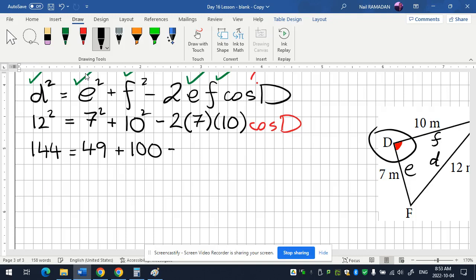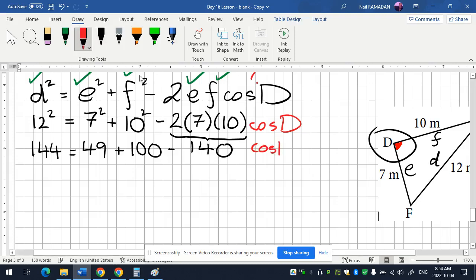Minus. Okay, let's go with these three. What's 2 times 7 times 10? You can do it in multiple ways. I will do 10 times 7, which is 70. 70 times 2 is 140. So 140, still with the cosine of d. What should I clean up next? Sabine, go ahead.